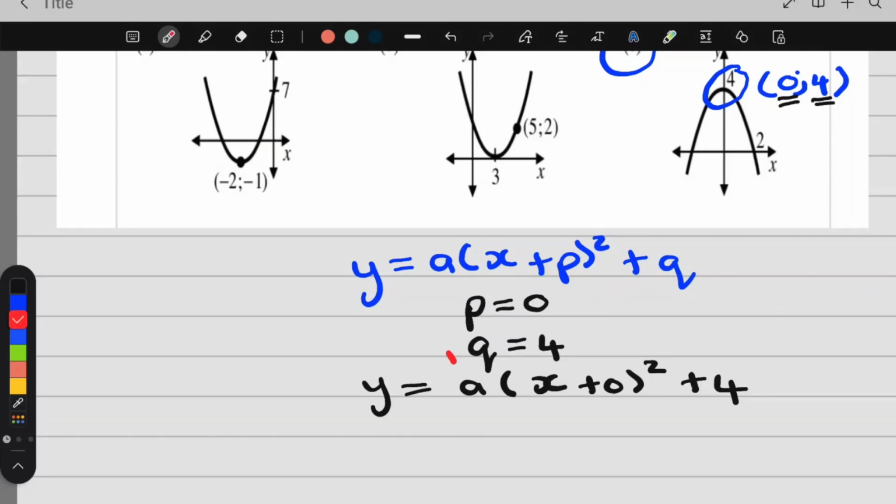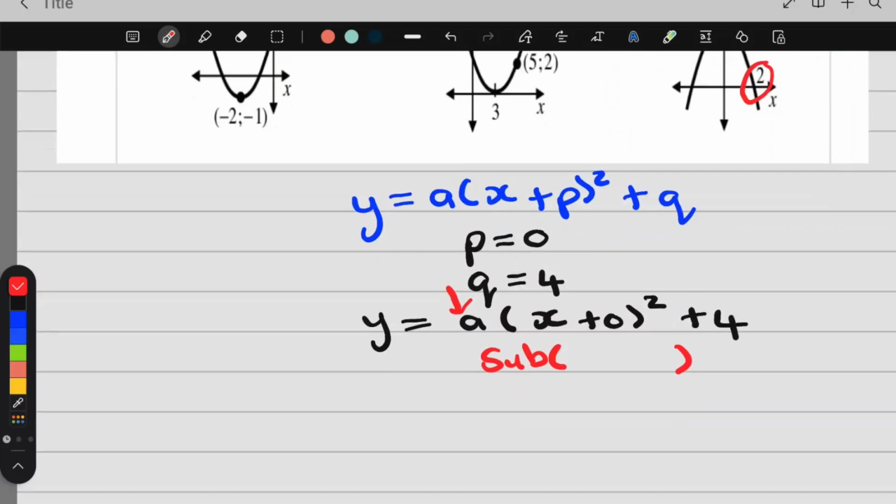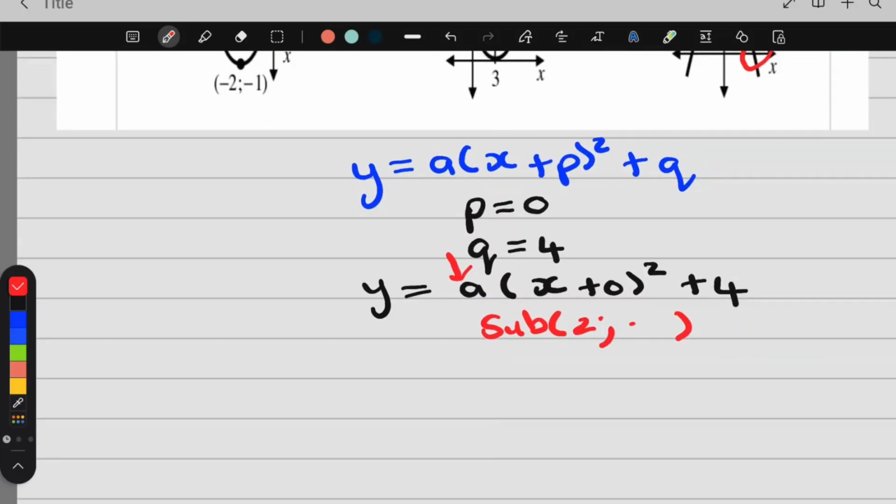So to find this A here in front, I'm going to sub in another point on the parabola. So the other point I have is this point over there. And that point is (2, 0). So let's sub it in. So again, wherever there's an x now, you write 2. Wherever there's a y, you write 0. So let's go. 0 is equal to A. There's an x, so I write 2, and then plus 4.